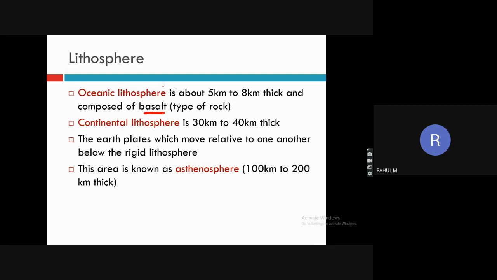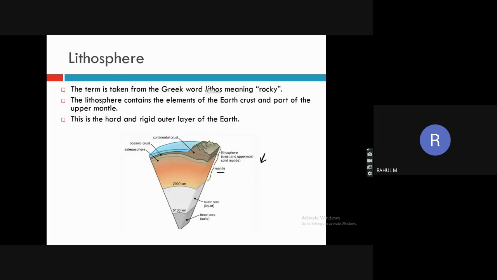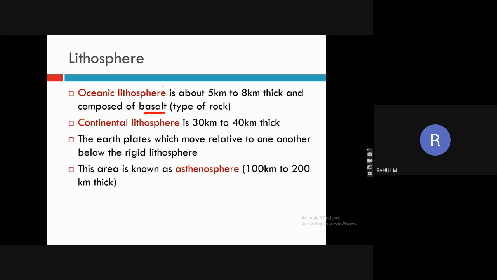And continental lithosphere ranges from 30 kilometers to 40 kilometers. This is the oceanic one, and this region is your continental one. Make a note of this one. These values are important: 30 kilometers to 40 kilometers thick.